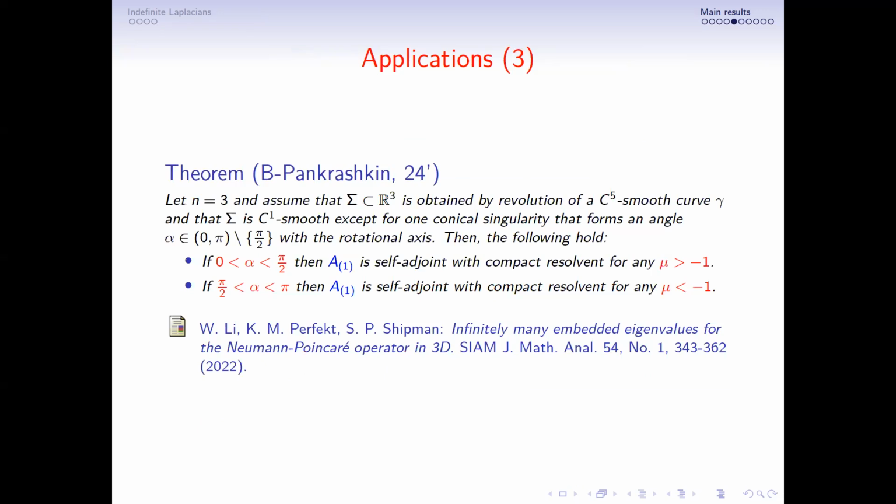Then we have two things here. If we suppose that this angle alpha is between 0 and pi over 2, then A1 is self-adjoint with compact resolvent for mu greater than -1. And if alpha is in this range, then we have the other case: mu is smaller than -1.